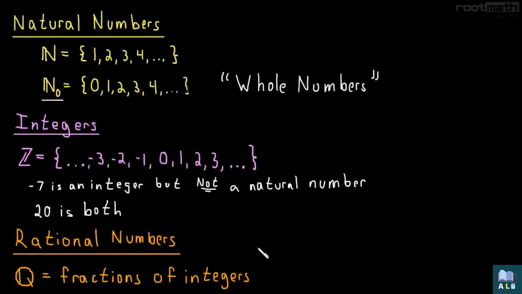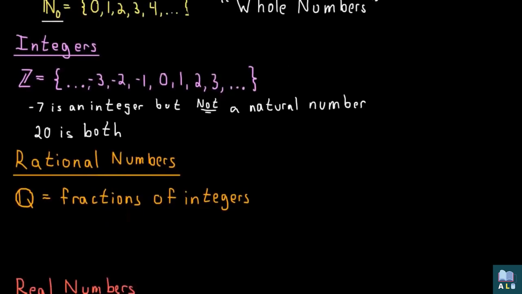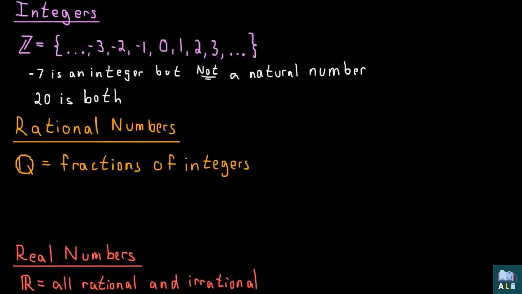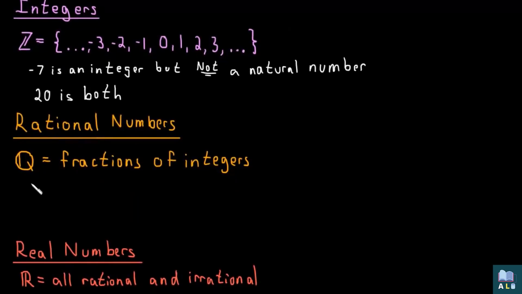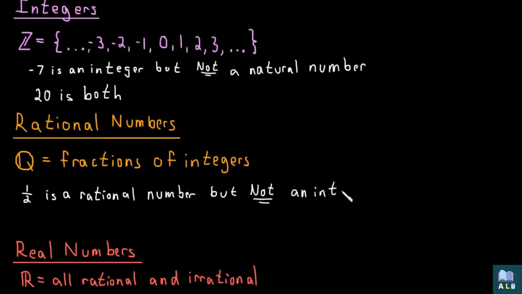Now, what's an example of a number that's not an integer? Well, how about something like a fraction? Now, if we want to include all the fractions, then we move to the rational numbers. So, for instance, 1/2 is a rational number, but it's not an integer.